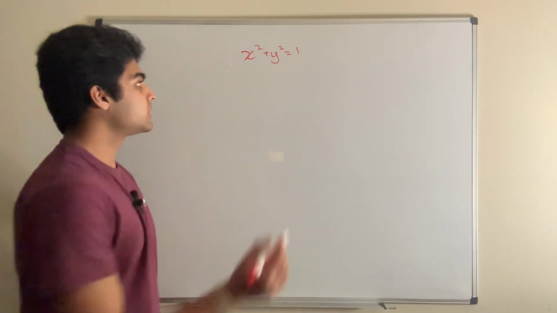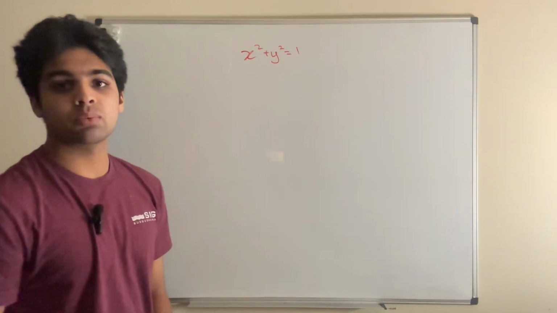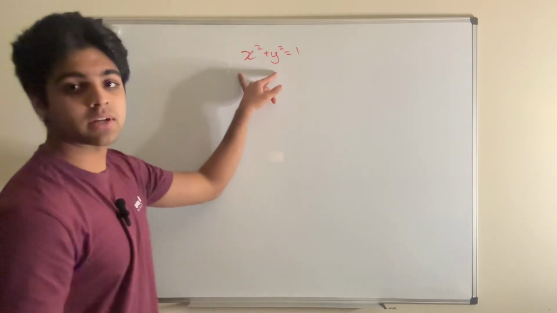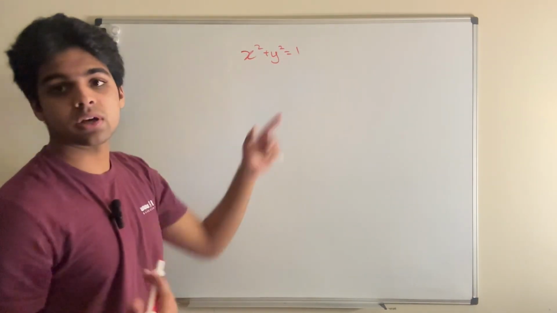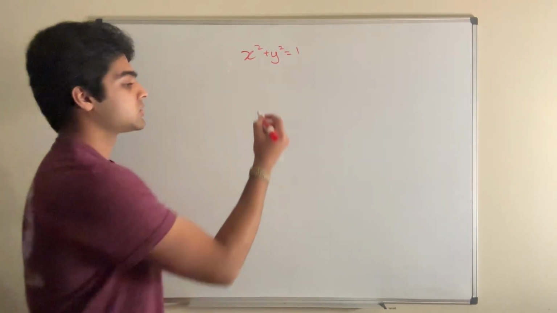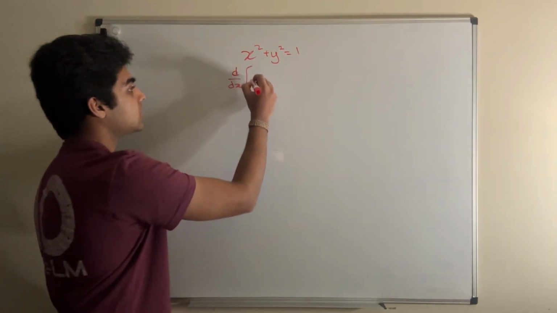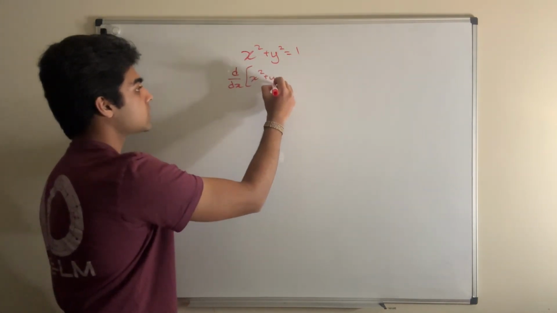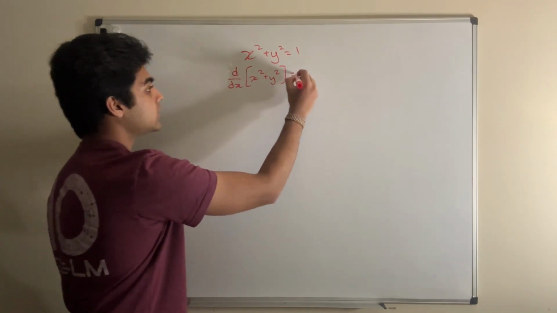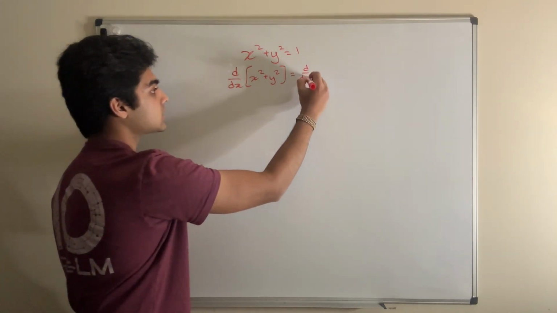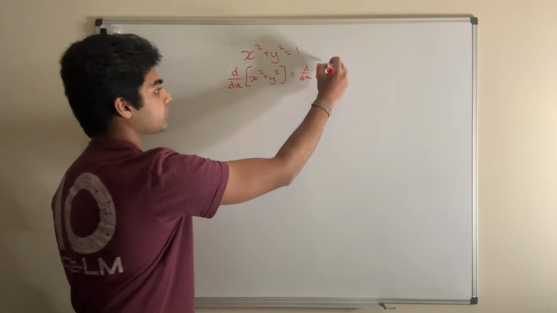Basically the first step is to differentiate both sides, and we can do this because whatever you do to one side of the equation, you can also do to the other side. So we can do d over dx of x squared plus y squared equals d dx of 1.